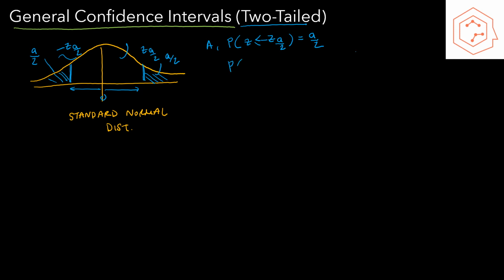In other words, the probability that our z is greater than or equal to positive Z A over 2 is equal to A over 2 as well. So just as an example, and you can check this yourself, if we said that Z A over 2 is equal to positive or negative 2.34, then the probability that z is less than or equal to negative 2.34 is equal to 0.01, and you can check that for yourself using a z-score table.